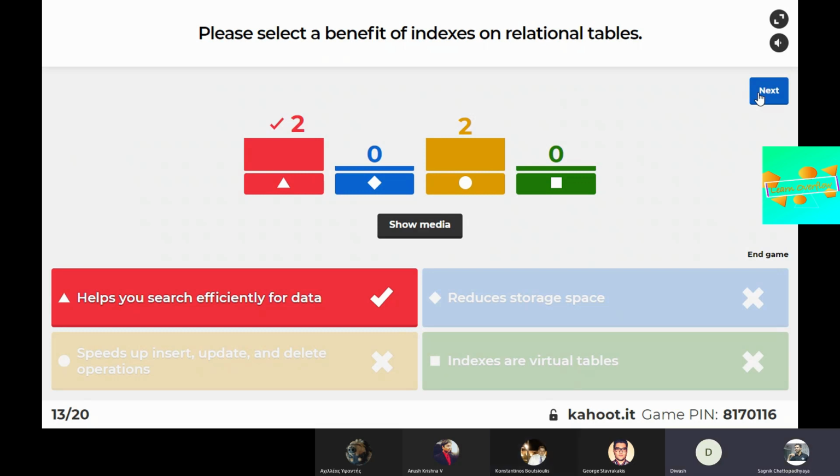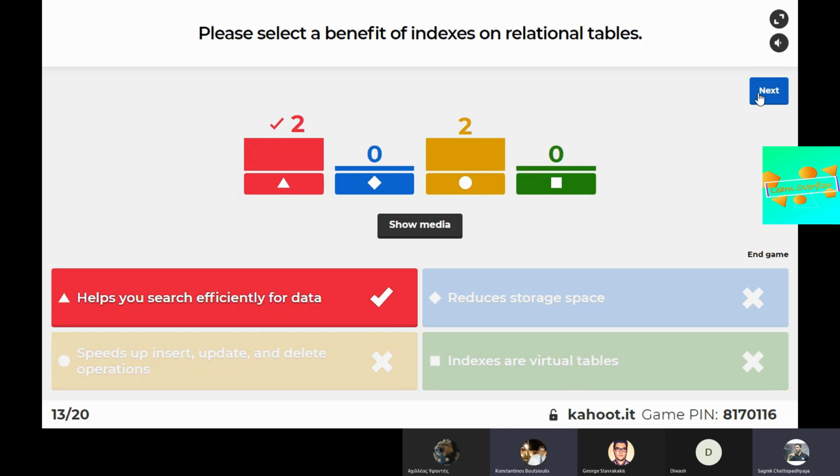Okay, so indexes of relational databases. If you go through the learn path, probably the second module, it discusses in detail these indexes of relational databases, and indexes help you search efficiently for data. This is a direct question from the learn path, so that's the correct answer. It reduces speed? No, this is not the thing.